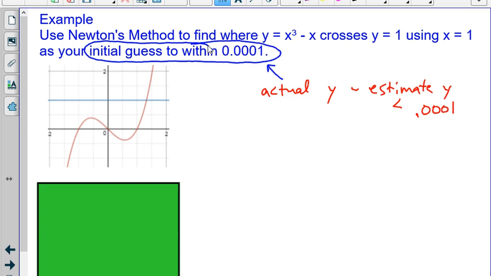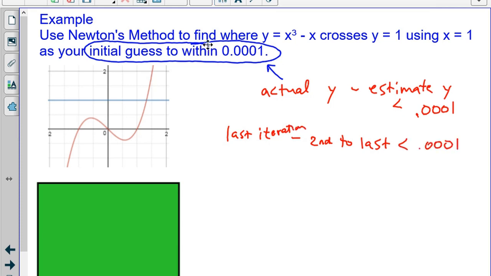Since finding the actual value is going to be very hard, especially if it's a no calculator question, what you're going to have to do is check that your second to last iteration subtracted from your last iteration is less than 0.0001. Your second to last thing in Newton's method subtracted from your last thing in Newton's method has to be less than 0.0001.